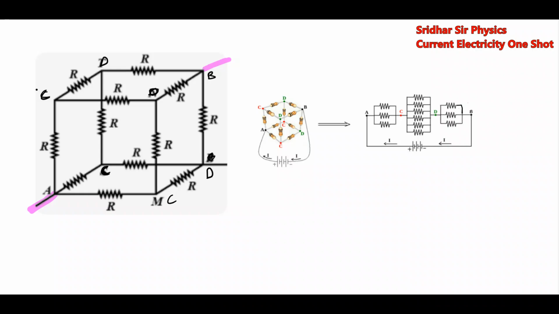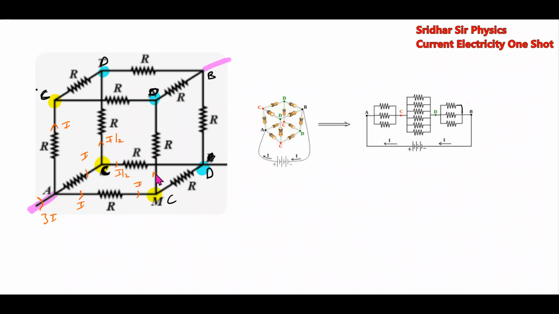Then if you see the circuit condition, this C and this D. So let me indicate those points. When I send the current 3I, it will branch here I, and this will be I, and this will be I. It will further branch here I by 2, I by 2.